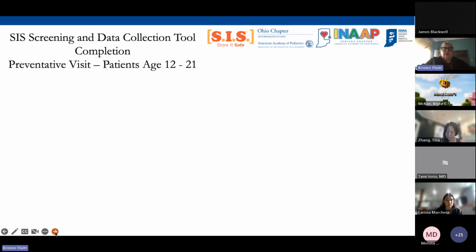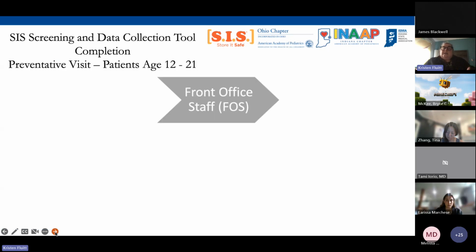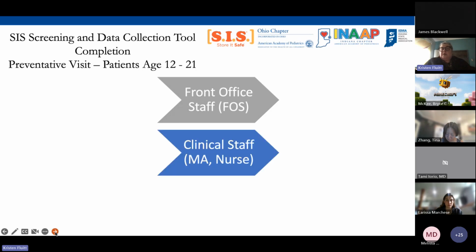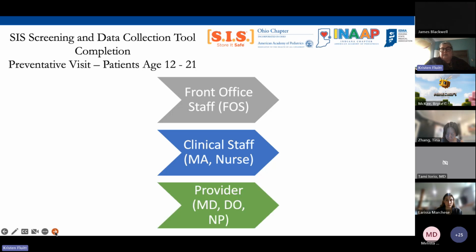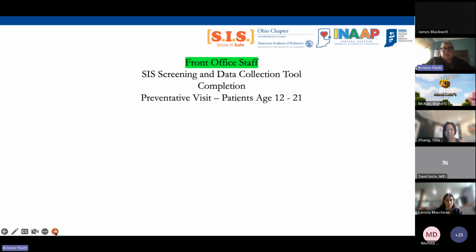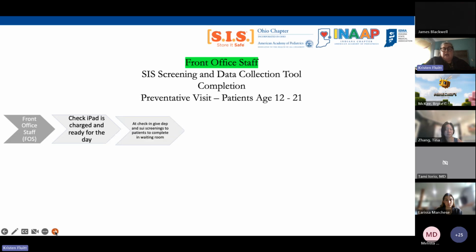So again, teamwork, you may have the front office staff doing portions of your workflows. You may have your clinical staff, MAs or nurses, and then you're going to have your providers doing portions of things. So let's talk about a few recommendations that you might have the front office staff do. The front office staff might be who checks that the iPad is charged and ready for the day.